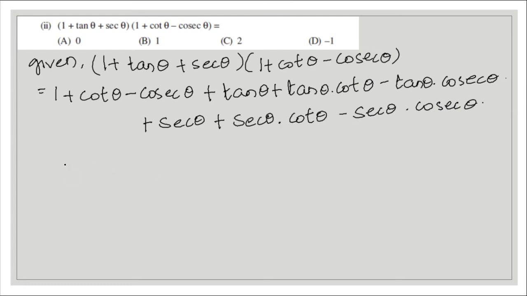The best possible way to solve this is to express in terms of sine and cos.